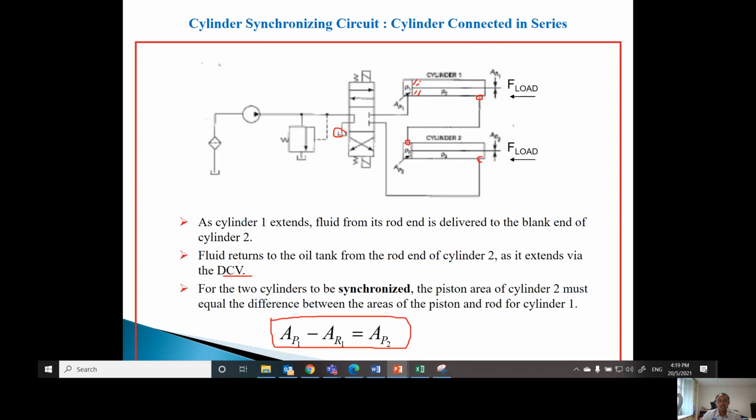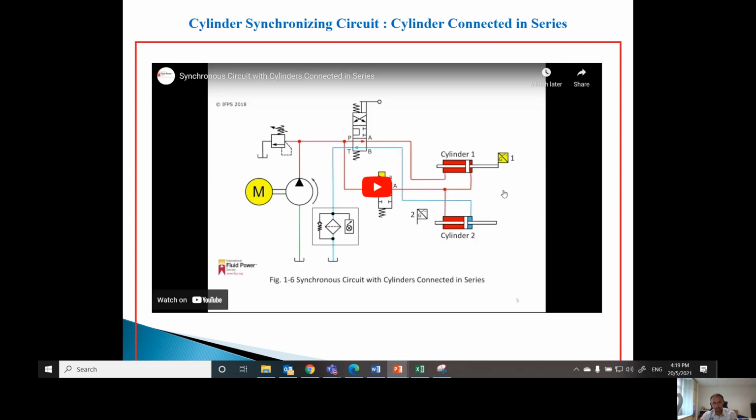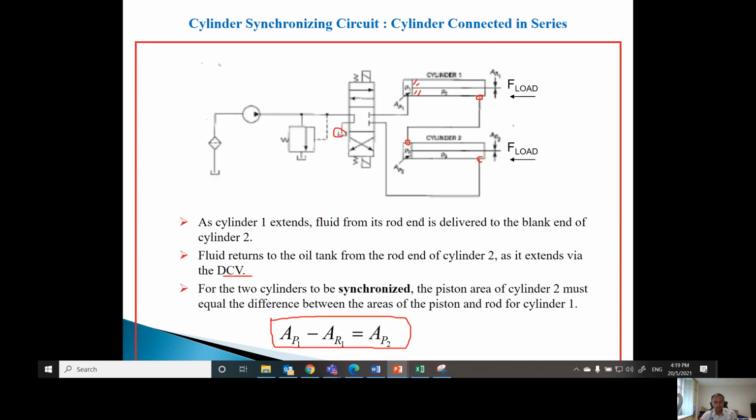Therefore, these two areas must be equal. AP2 must be equal to AP1 minus AR1. When you achieve this, then you can have the two cylinders move exactly like this just now, move together in synchronous.